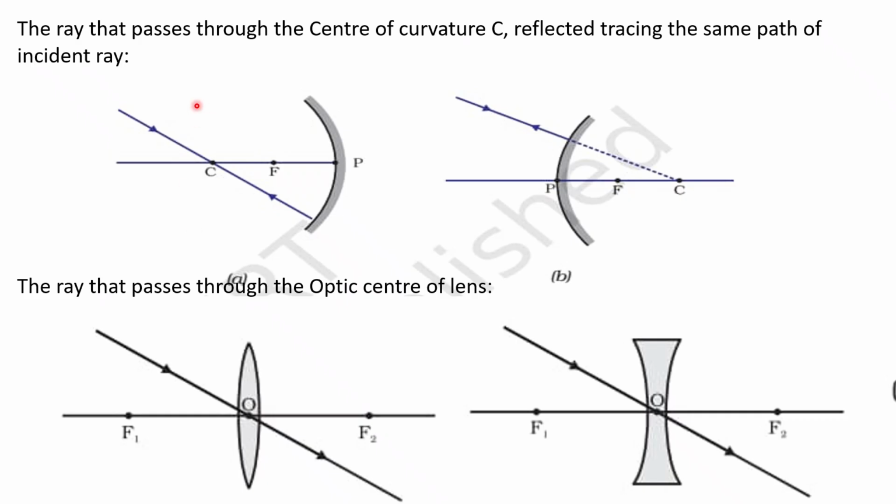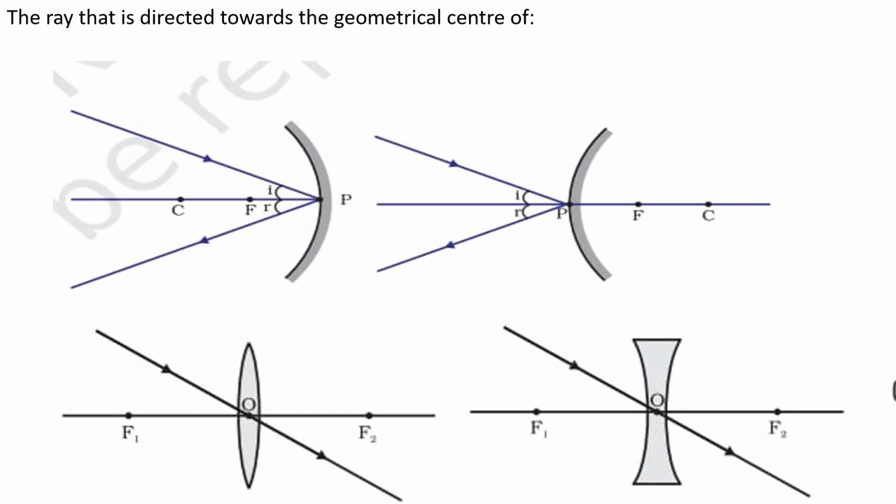Now the ray that is directed towards the geometrical center of the concave mirror and convex mirror. See, this incident ray at the pole of the concave mirror is making angle I with the principal axis. At the pole, when the ray is falling obliquely, the normal at the pole will be the same as the principal axis.